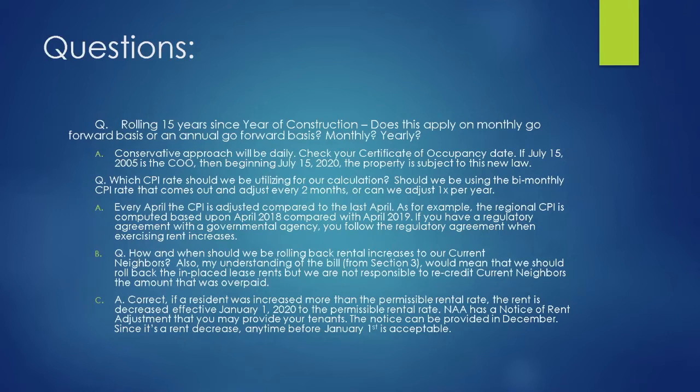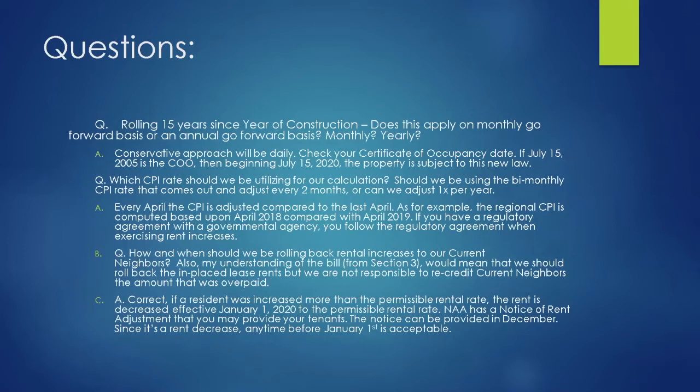The question is, how and when should we be rolling back rental increases to our current neighbors? Also, my understanding of the bill from Section 3 would mean that we could roll back the in-place lease rents, but we're not responsible to recredit current neighbors the amount that was overpaid. Correct.